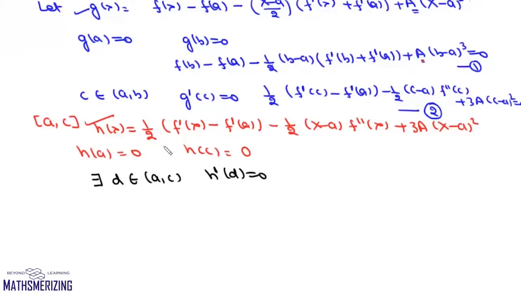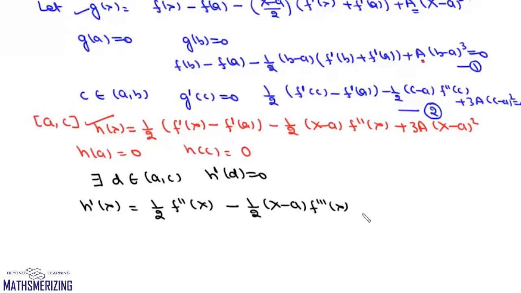Now if we differentiate this function, we can write h'(x) as 1/2 f''(x) - 1/2 (x - a) f'''(x) - 1/2 f''(x) + 6A (x - a).